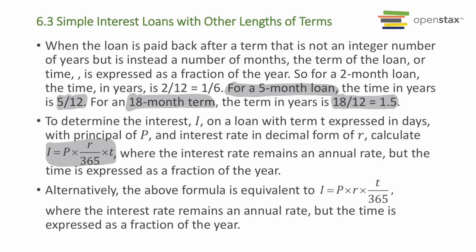You can also think about dividing the time by 365. It doesn't matter where the 365 really goes in the formula. As you can see here in this second version of the formula, it doesn't matter if you're dividing the rate or you're dividing the time. The point is that you're dividing one or the other, not both, by 365 to make it in terms of days of the year.